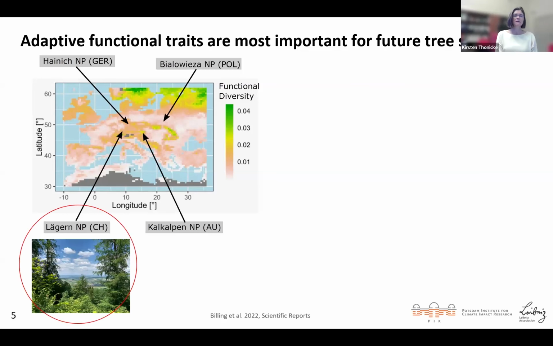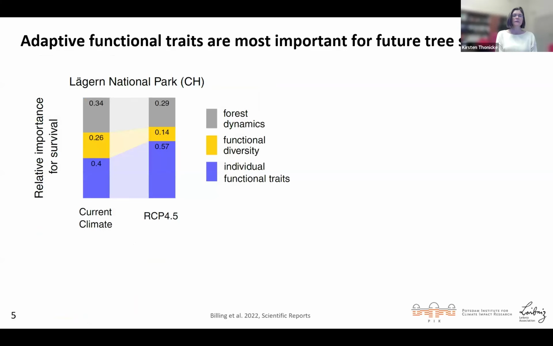Okay, the results that I will show you use the example of the Legan National Park. Looking at the relative importance for tree survival, a tree that was present when we started the climate change simulation, was it there at the end of the century?